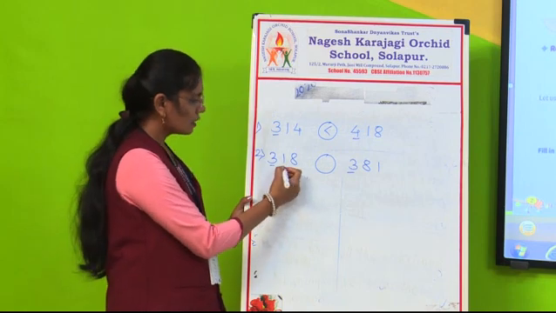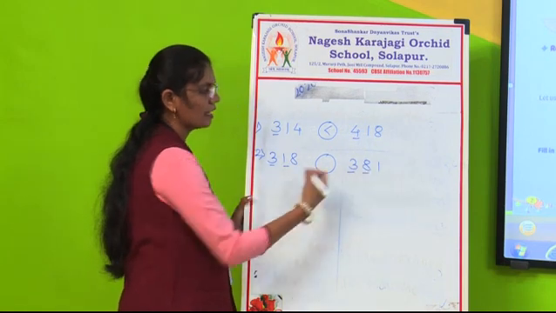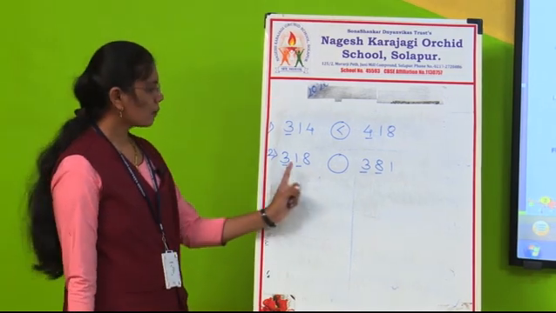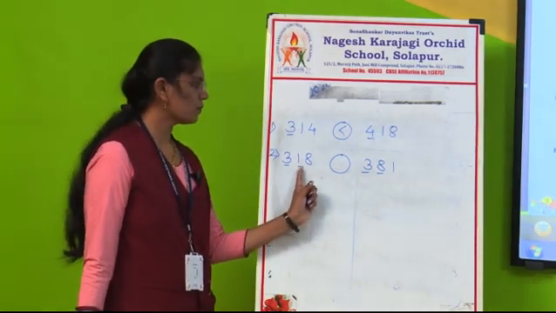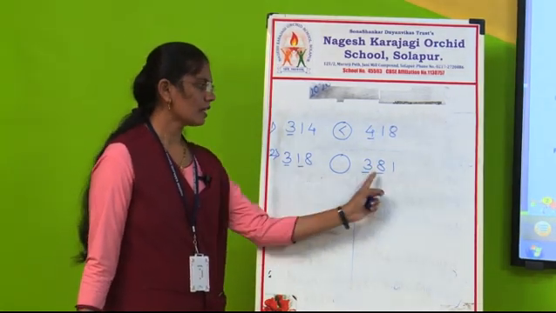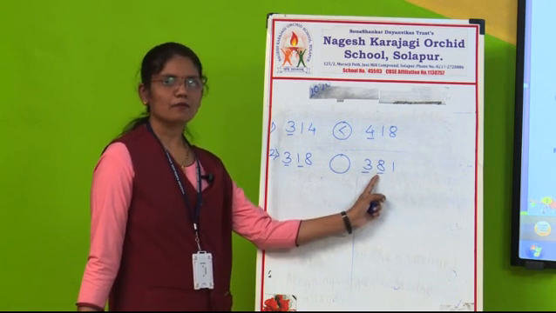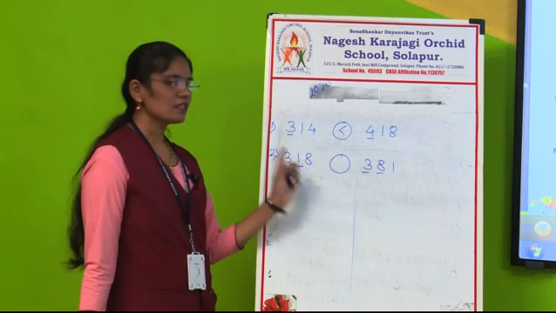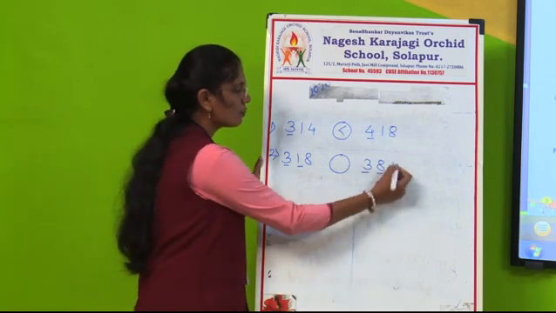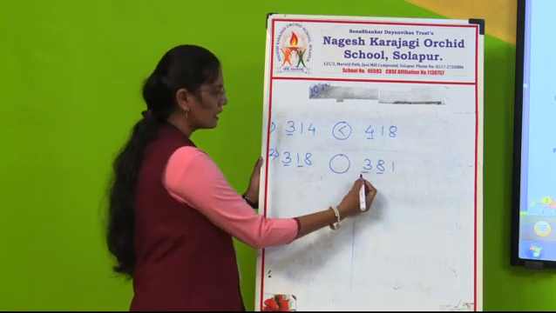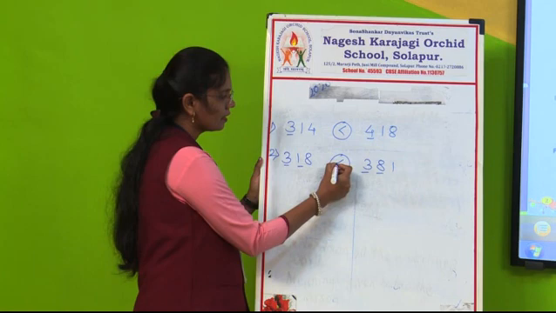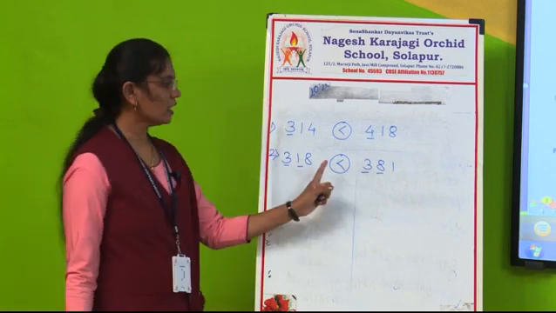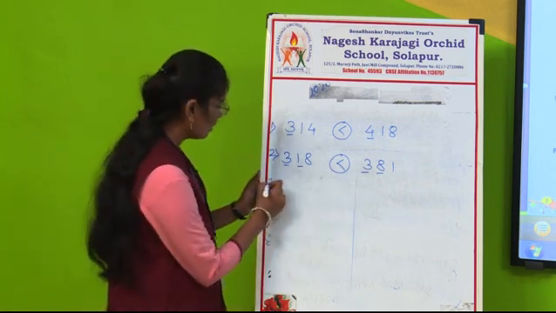Then go to the next digit. This is 1 and here 8 is there. So do the comparison between 1 and 8. Which number is greater? Yes, of course 8 is greater than 1. So this whole number 381 is greater than 318. So this sign will come here.